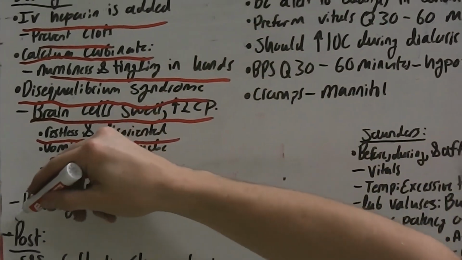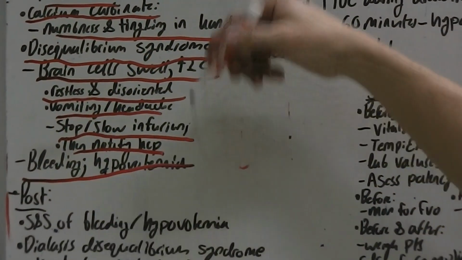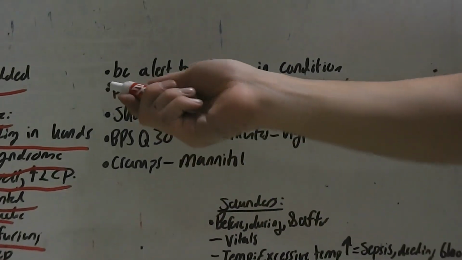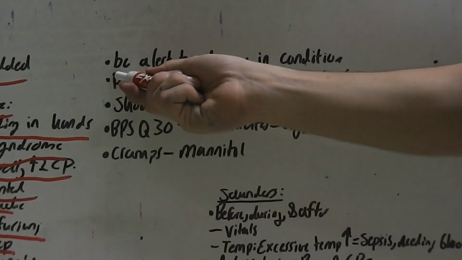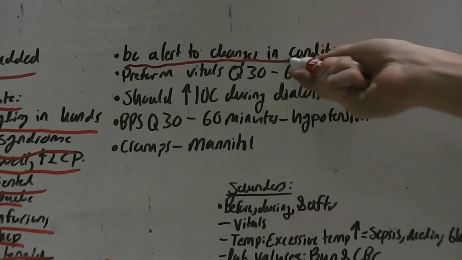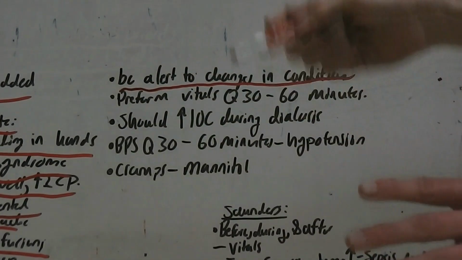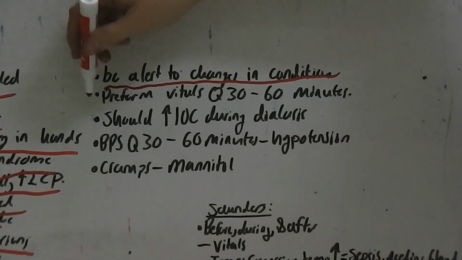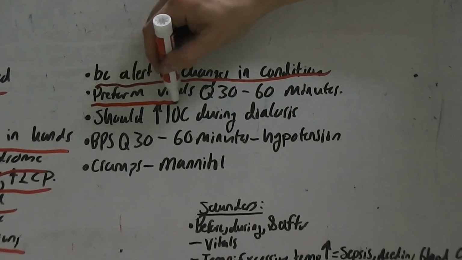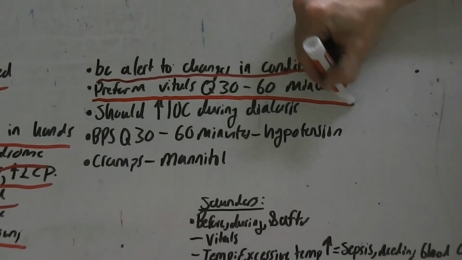We got to worry about bleeding and hypovolemia during hemodialysis. Now, be alert, according to the PowerPoint, be alert to changes in condition. We need to perform vitals every 30 to 60 minutes.